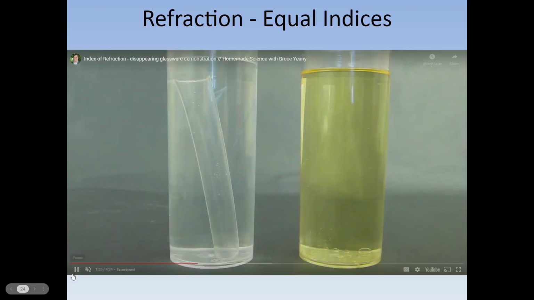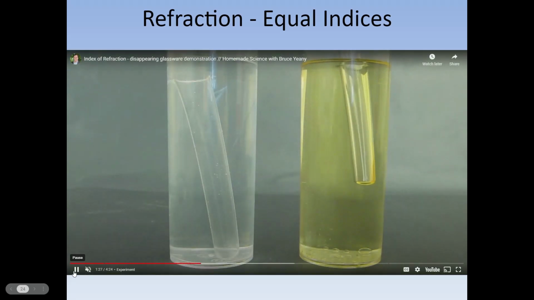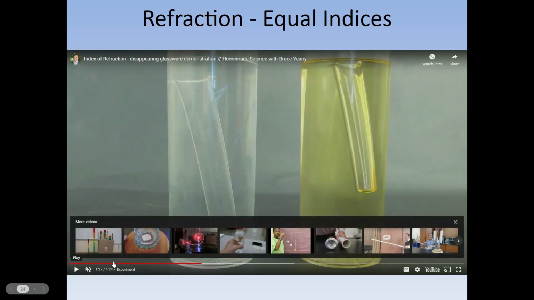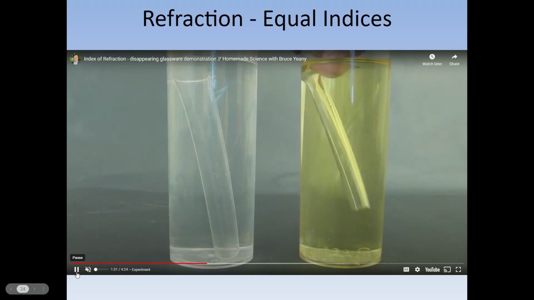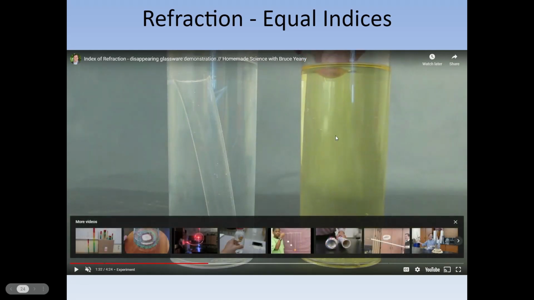Now the person's going to take some glycerol, a special glass, and pour it into the corn oil. Again, at first, it looks like we can tell the difference, but once he fills it up with the corn oil, all of a sudden it disappears. The glycerol and the corn oil have the same exact index of refraction. So as far as light is concerned, they're the same medium.